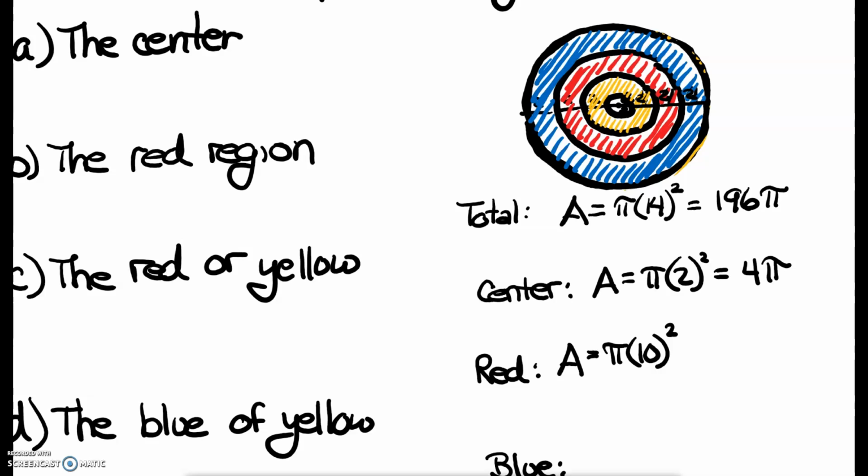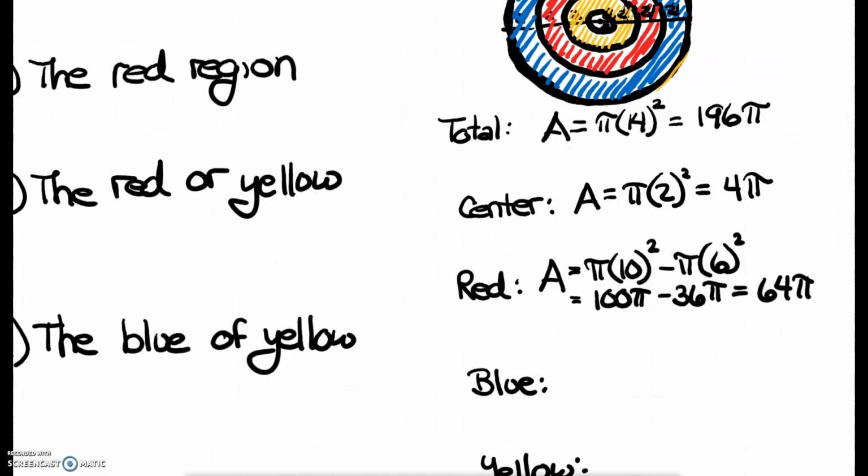So the yellow and the white together have a radius of 4 and 2 is 6. Pi times 6 squared. So I know this is 100 pi minus 36 pi, and this is going to be 64 pi.